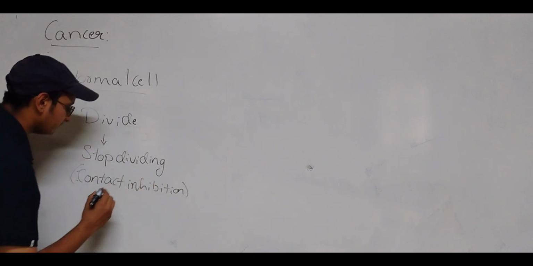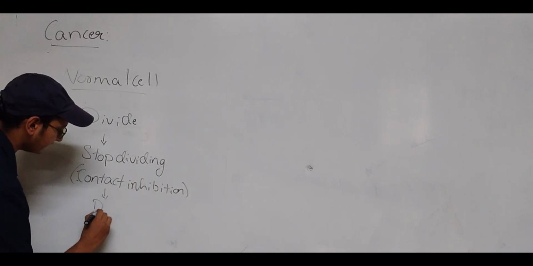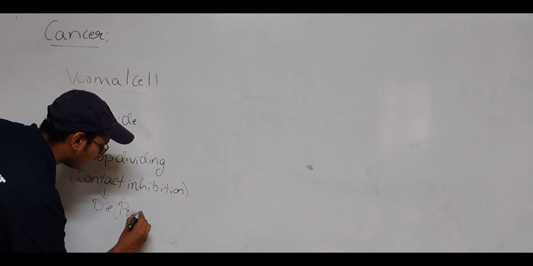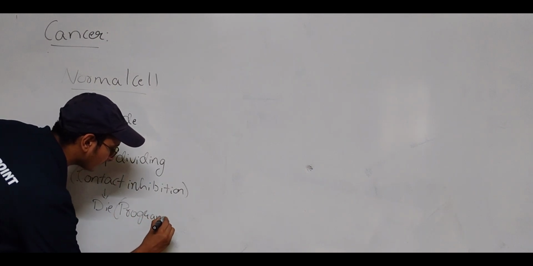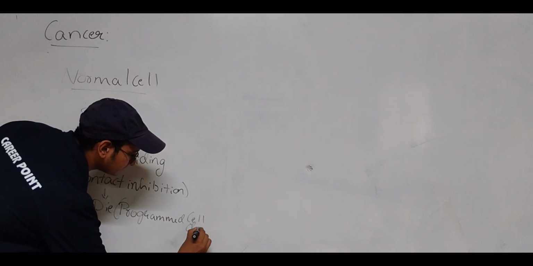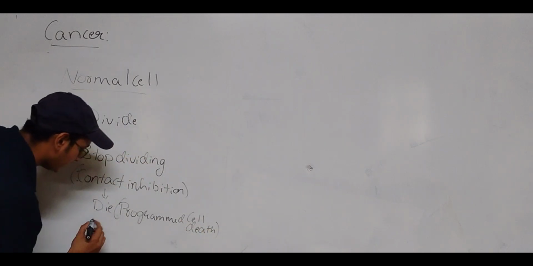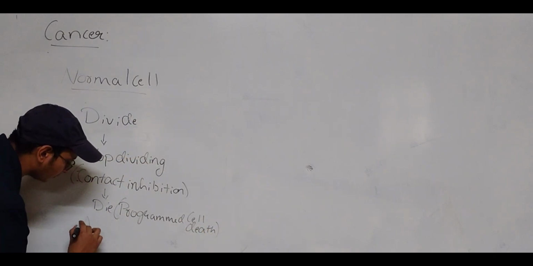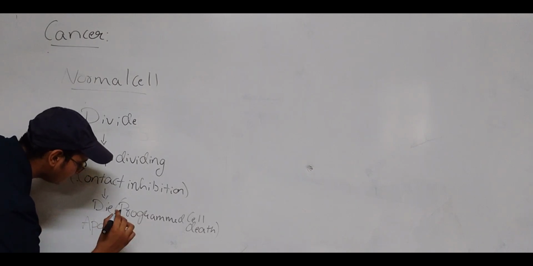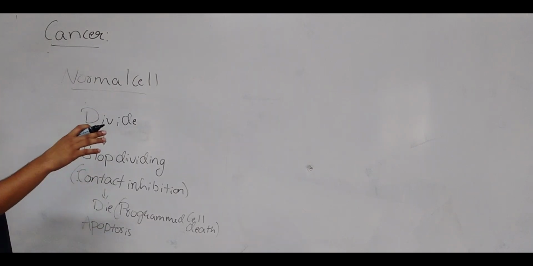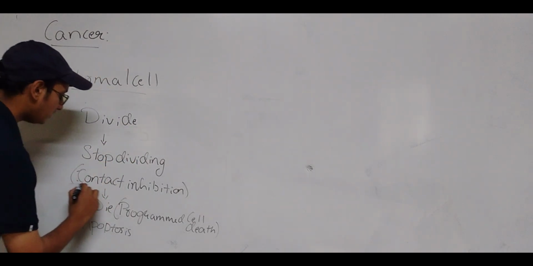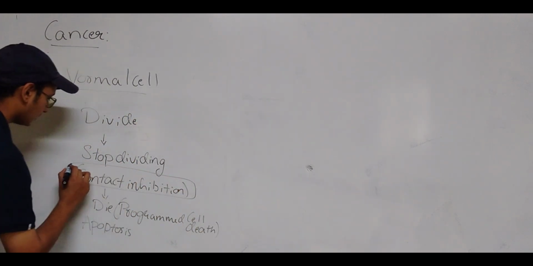And then, when they get older, they die. This is also known as programmed cell death, and we can also call it apoptosis. So normal cells divide, and at one point of time they stop dividing. That point is known as contact inhibition.